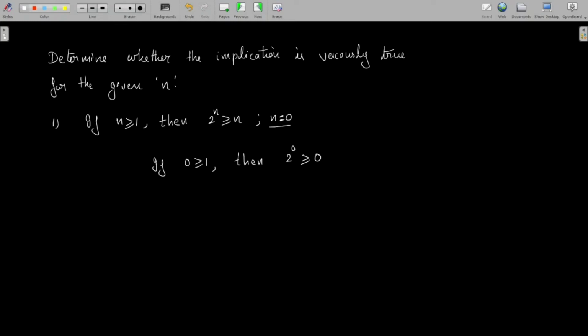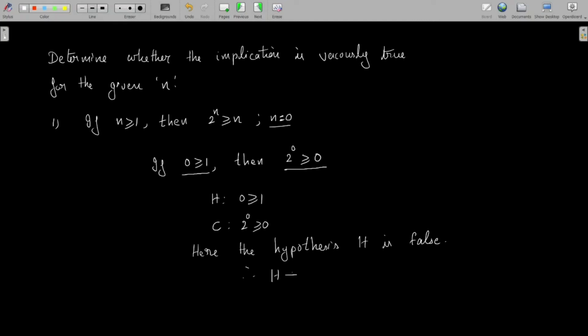Now, we can note that the hypothesis is 0 greater than or equal to 1 and the conclusion is 2 raised to 0 greater than or equal to 0. Here the hypothesis H is false because 0 is not greater than or equal to 1. Therefore, we can conclude that the implication H implies C is vacuously true. If H is false, we need not check whether C is true or false. So here the implication is vacuously true when n equals 0.